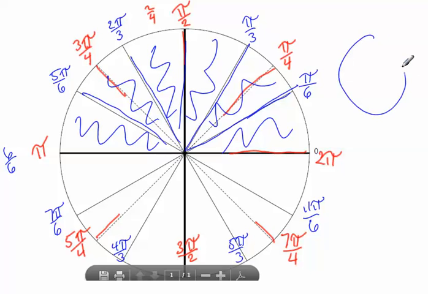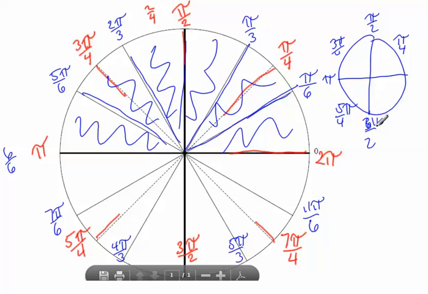Okay, here's my new circle. I know that this is 1/4 pi, 2/4, 3/4, 4/4, which is pi, 5/4, 6/4 reduces to 3/2, 7/4, and then go back through doing the sixths.